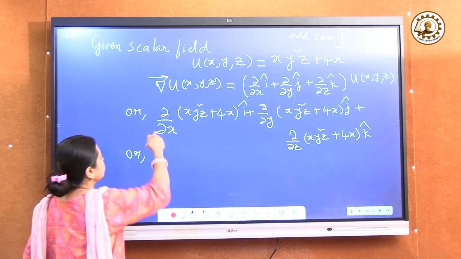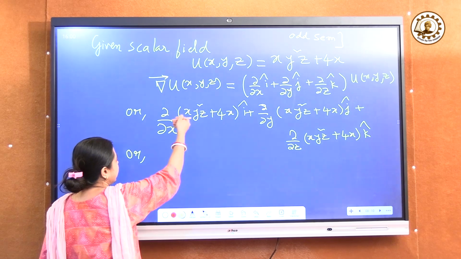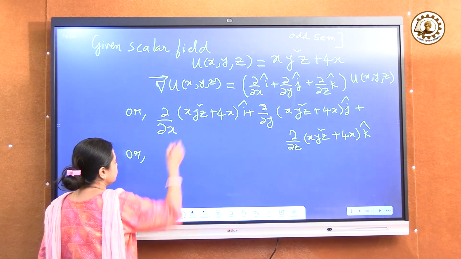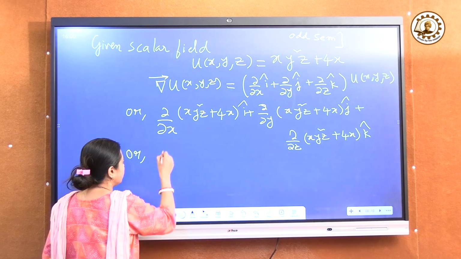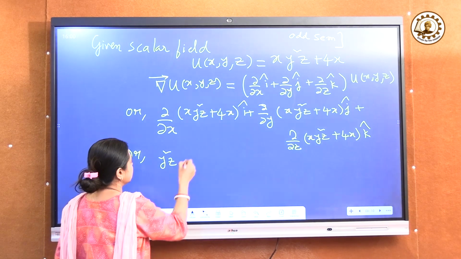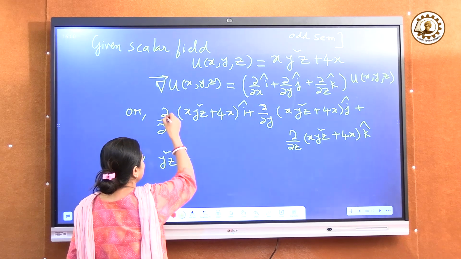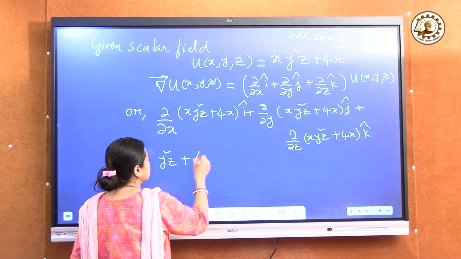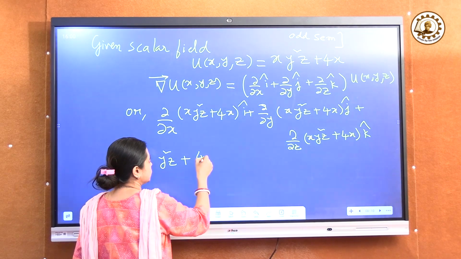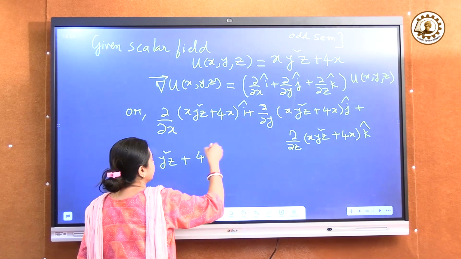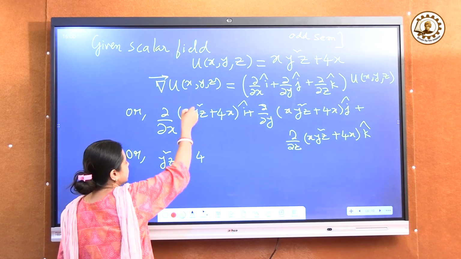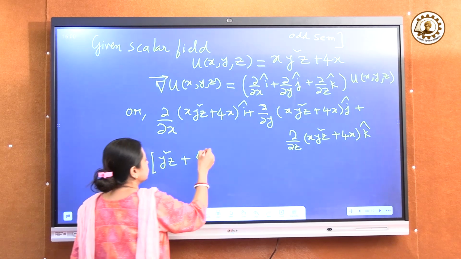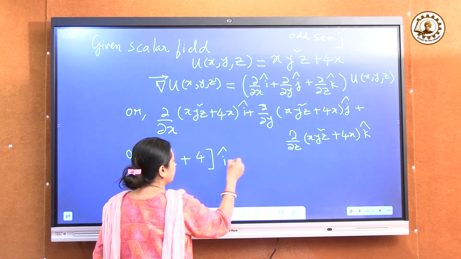So here, if I take the derivative with respect to x of this term, it will be equal to y square z plus here del x of 4x. So 4 is going outside as a constant, and del x of x equals 1. And here also del x of x equals 1. So that part I have written here, this is the i cap component.